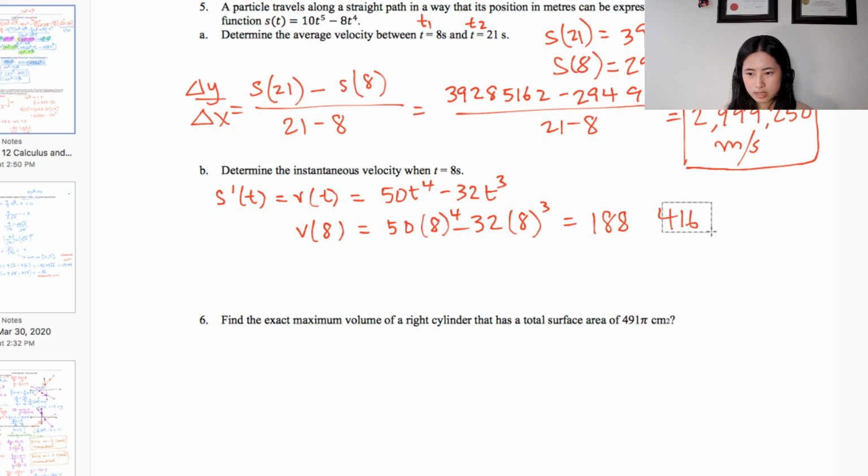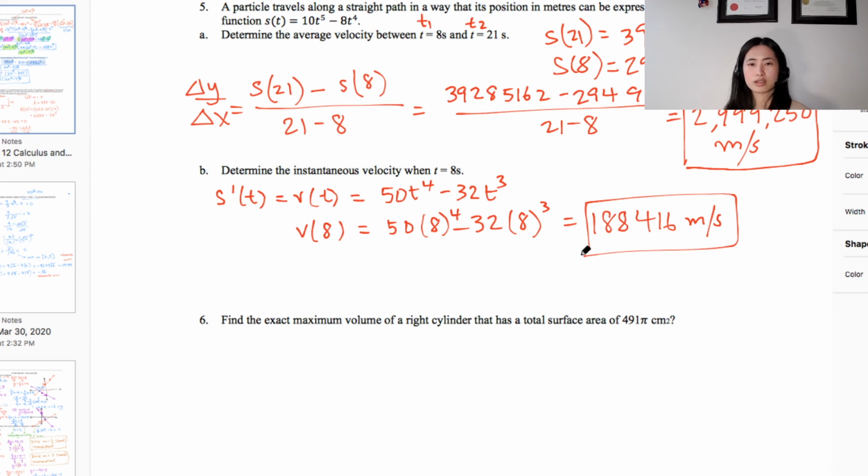This is meters per second, again because it's velocity. That's the unit for velocity if it's expressed in meters for your position. So yeah, that's that.